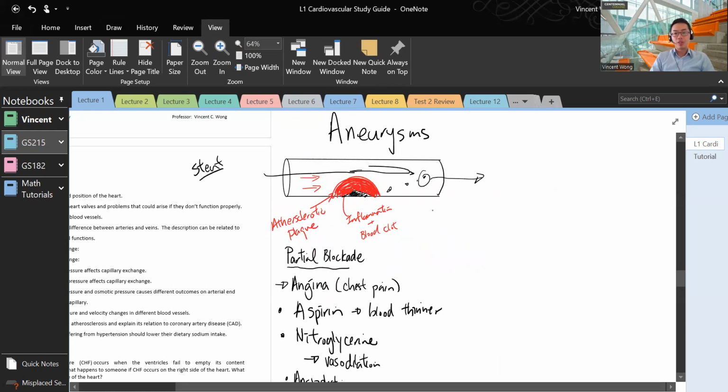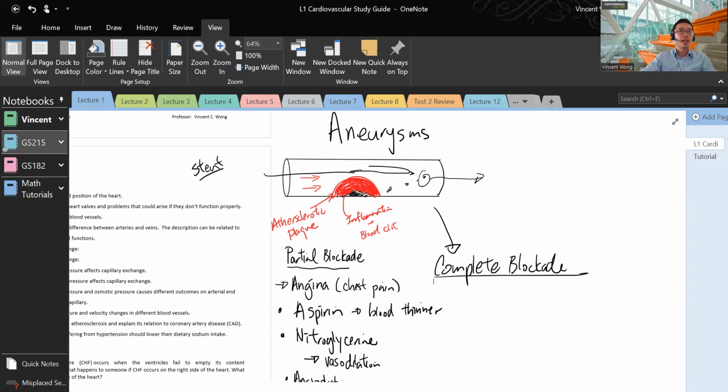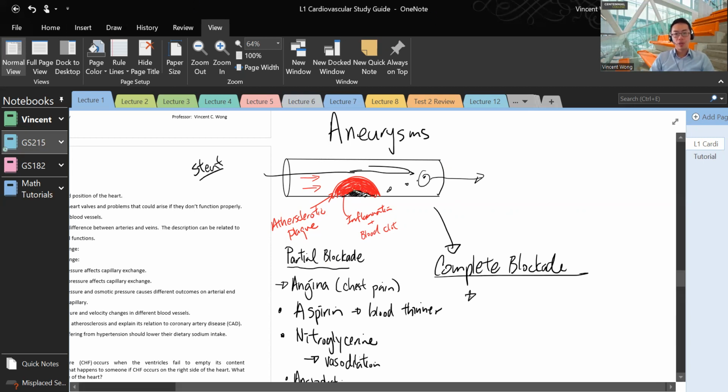Anyways, the other situation, as opposed to partial blockade, is a complete blockade. That's when you're going to get the heart attack, instead of the angina. So what happens is you're going to have to go to the hospital.